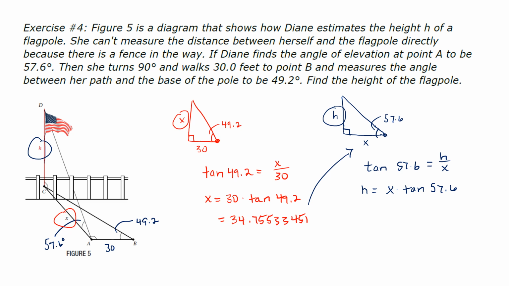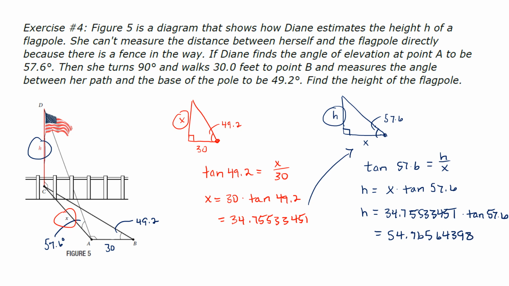And so then we'll take 34.755333451 times the tan of 57.6. So H will equal 54.76564398.